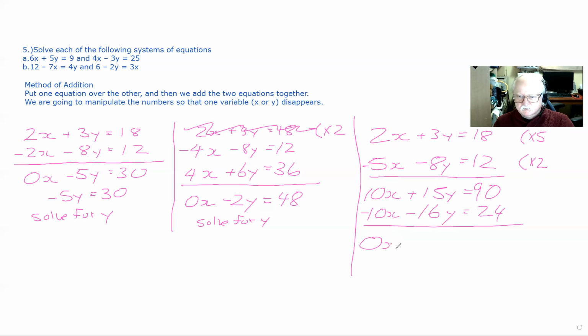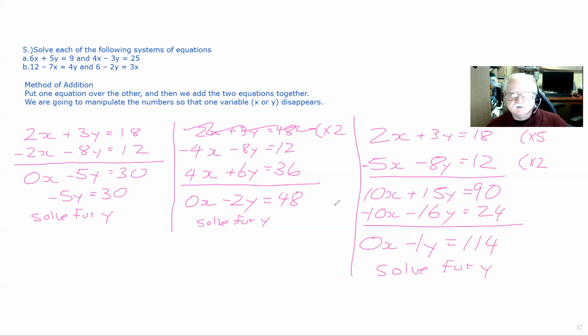We've created a situation where the x disappears. This will become negative 1y equals 114. Again, we can solve for y. Now, in all of these cases, I've specifically worked toward eliminating the x, but you could specifically work toward eliminating the y and then solve for x. It doesn't really matter.